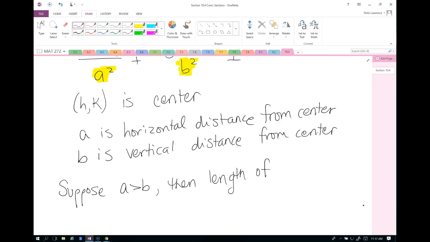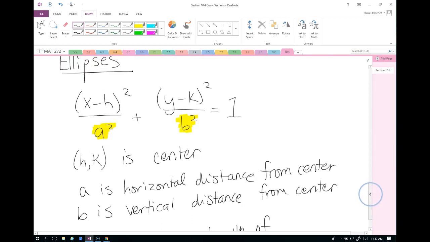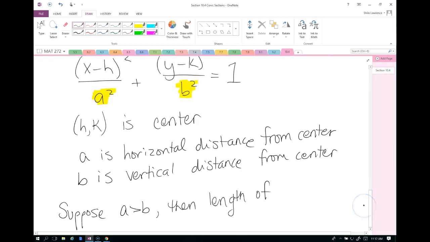So the length of the major axis would be the total distance from one side of the ellipse to the other. Well, a is just the distance from the center to the edge. So the length of the major axis would be 2a.